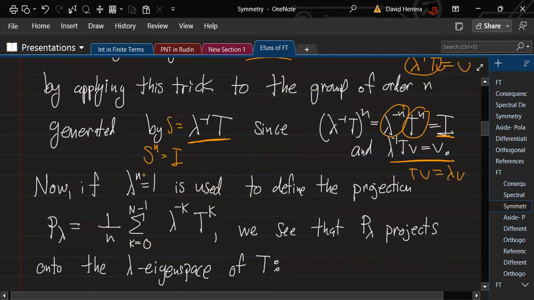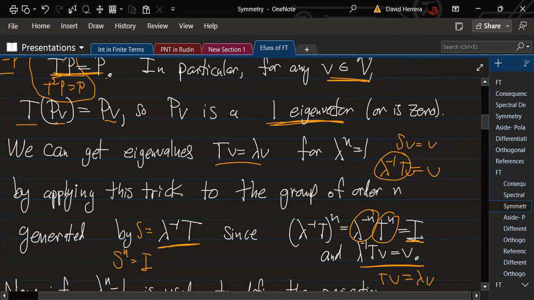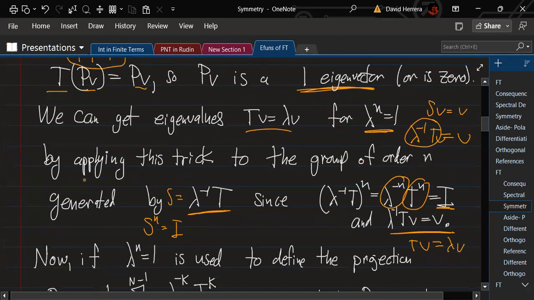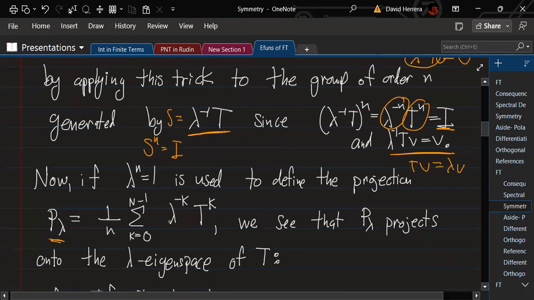So now, using all that, for each lambda that's an nth root of unity, I can define this P. I'm going to call that P lambda. And this is the formula that we had: summing over the powers of this operator S, and then averaging them. And we see that P lambda is a projection.